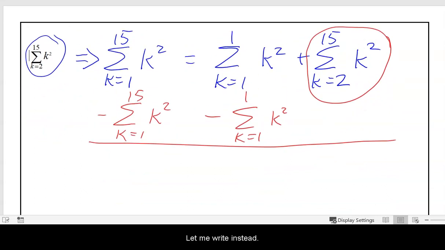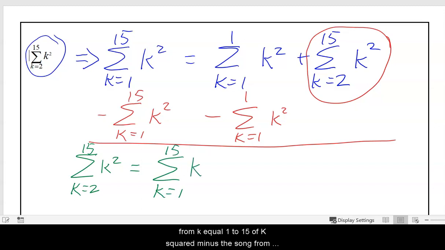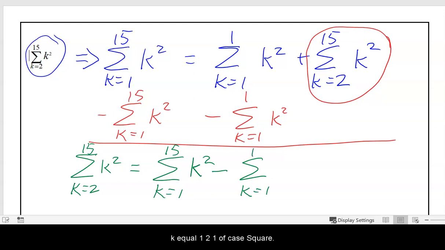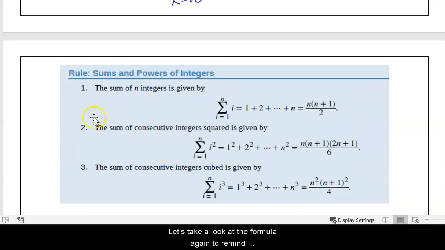This will let me write instead that the sum from k equal 2 to 15 of k squared is equal to the sum from k equal 1 to 15 of k squared minus the sum from k equal 1 to 1 of k squared. Since both of these on the right now begin at 1, I can use that formula for k squared. Let's take a look at the formula again to remind ourselves. It's n times n plus 1, 2n plus 1 over 6.